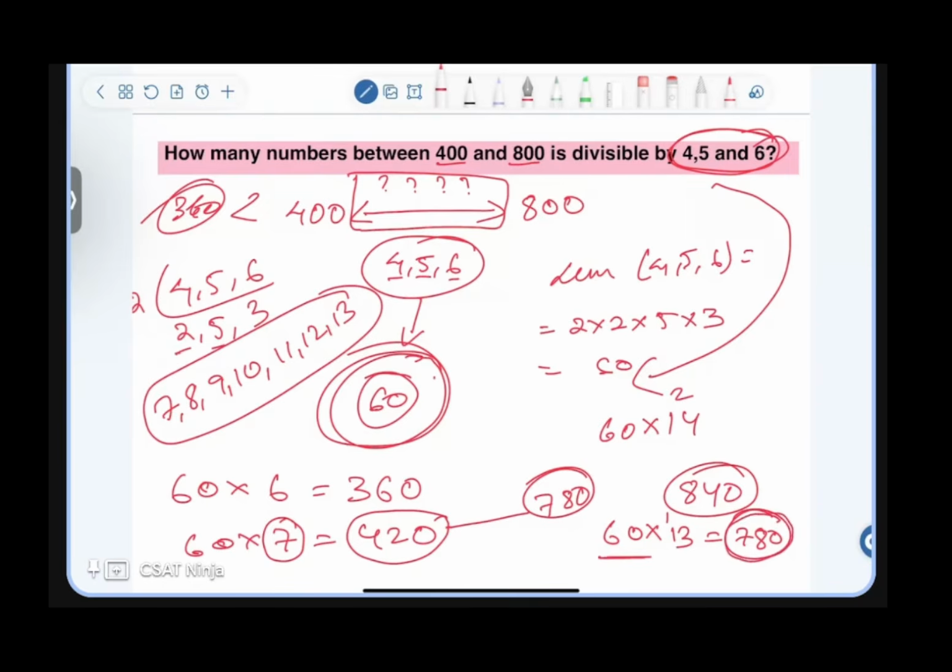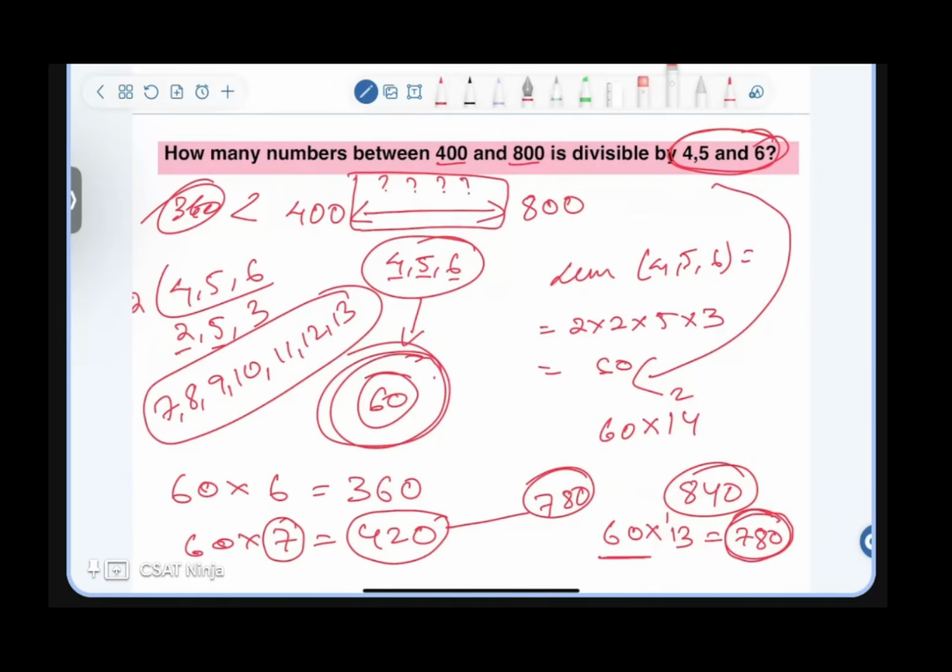So we have 60 times 7 is 420, so it will start from 420. 60 times 8 is 480. And next 9 times, 10 times, 11 times, 12 times, and 13 times is 780. And 14 times it is 840. That means 14 times is more than 800, because I just need to deal with 800 only. So that's the reason why I'm stopping here at 13.